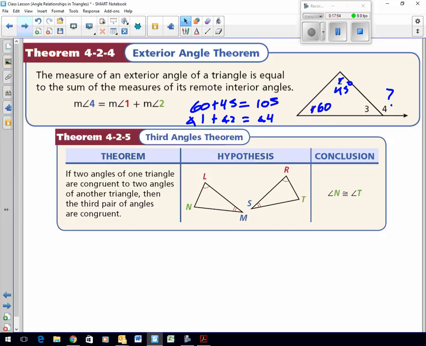Why is that true? 180 minus 50 and 25 is always going to be the same, no matter which particular triangle you're looking at, okay? I just made those numbers up, right? If it's 50 here, it's got to be 50 there. If it's 25 here, it's got to be 25 there.